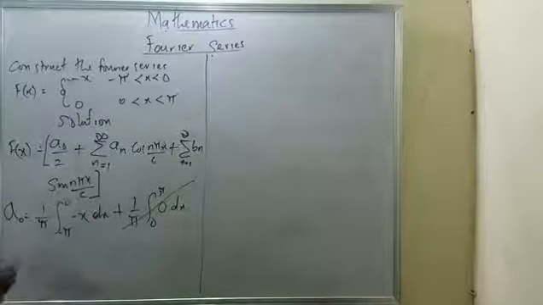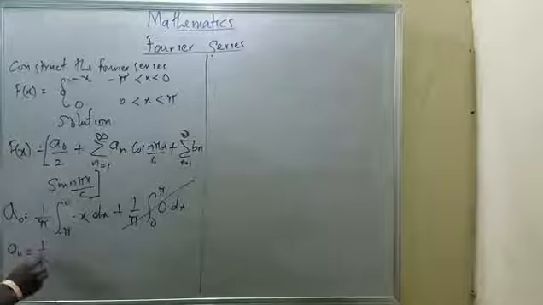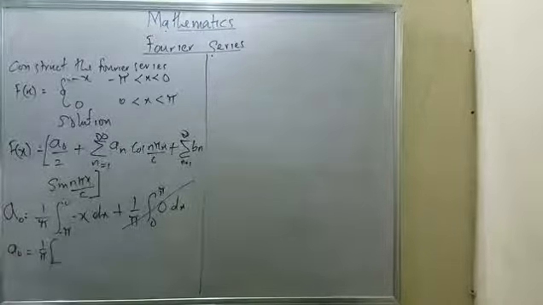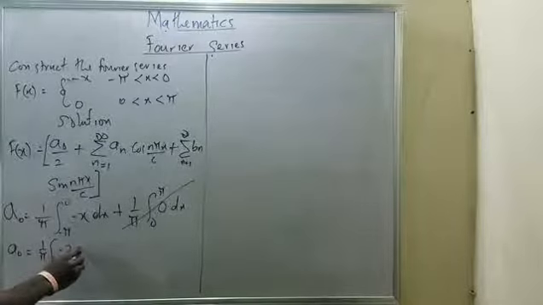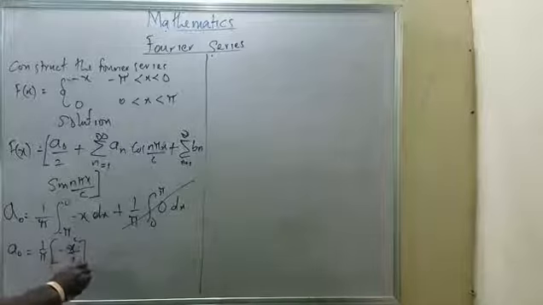Now with that, I can say that my a of n equals 1 all over the integral, which, if I integrate this, I'll be having minus x squared all over 2, running from 0 to minus infinity.